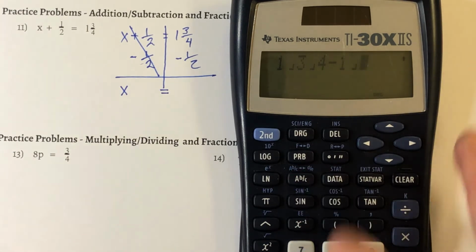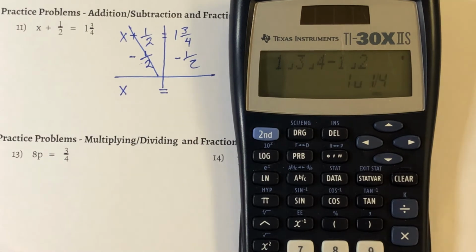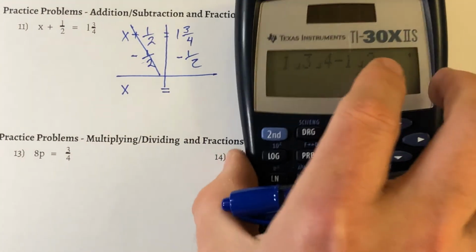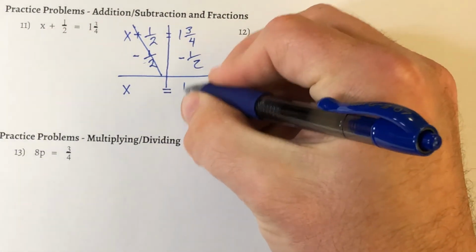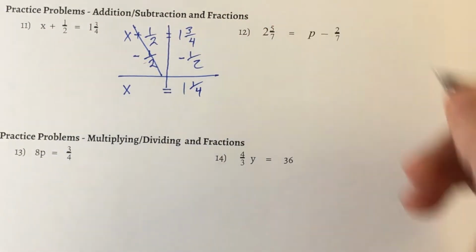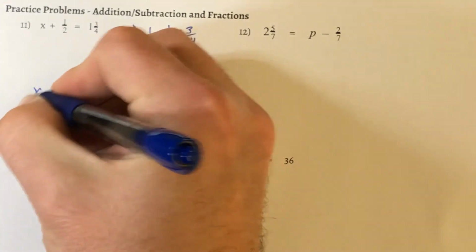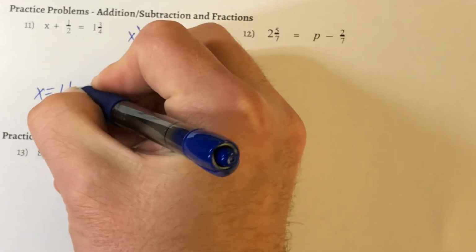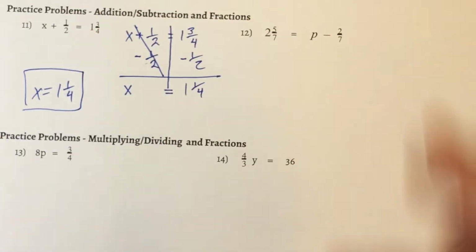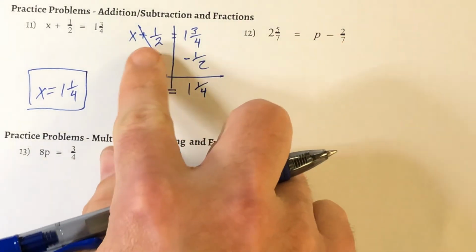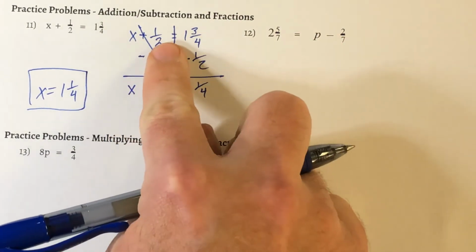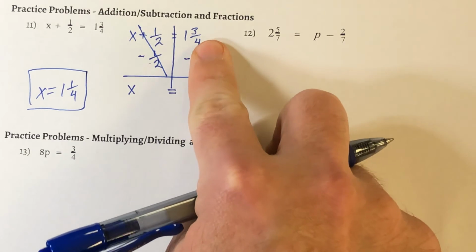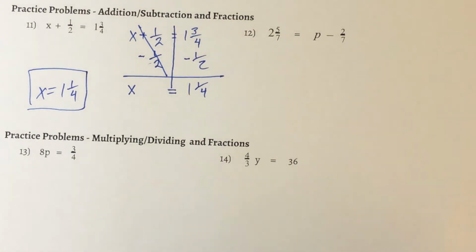So 1 ABC 2. And we get 1 1/4. So we're saying our solution is x equals 1 1/4. If I double check, I should get 1 1/4 plus 1/2. It should come out to 1 3/4.